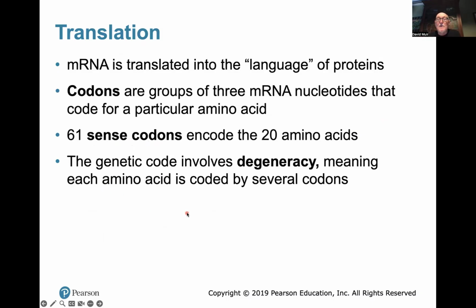So we say that because there are only 20 amino acids, but there are 61 codons which code for the amino acids, this is a degenerate code. It doesn't mean to say it's broken or it's nasty or whatever. It simply means that some amino acids will have more than one codon. Some have only one, but many have more than one. Some have many more than one.